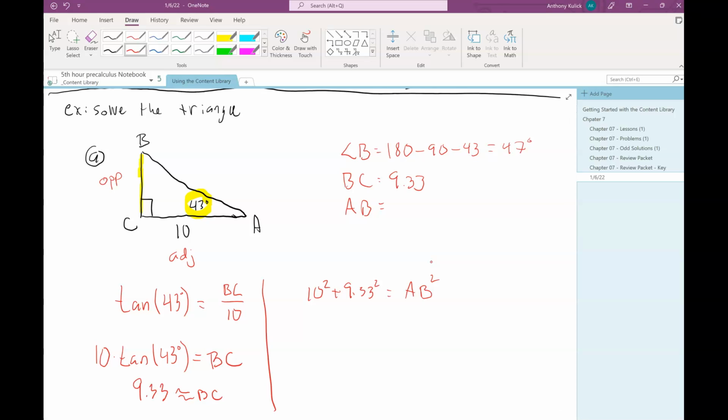So to get the AB by itself, what do I need to do? Because right now I have AB squared. Well, I want AB. I have AB squared in my equation. So what do I need to do? Yeah, square root both sides, right?